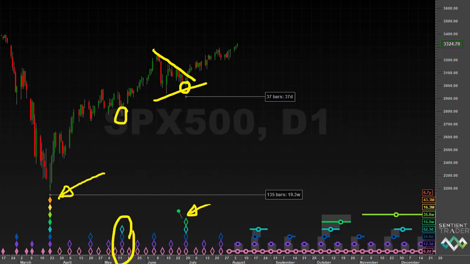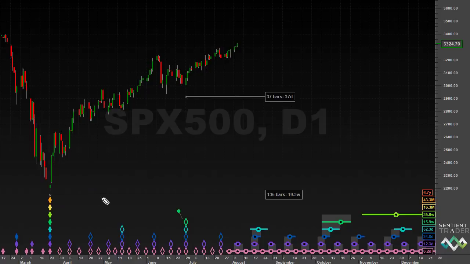Now, the other thing to point out about this analysis, and one of the reasons why I particularly like it, is that these nests of lows are so very, very neat.